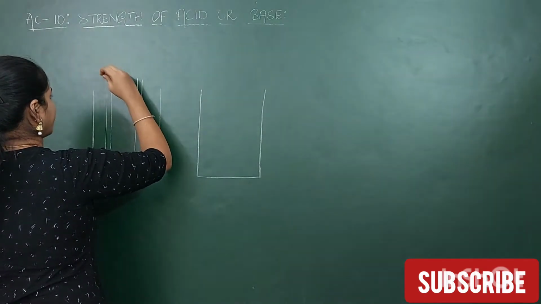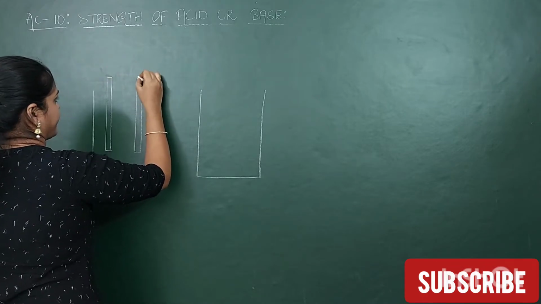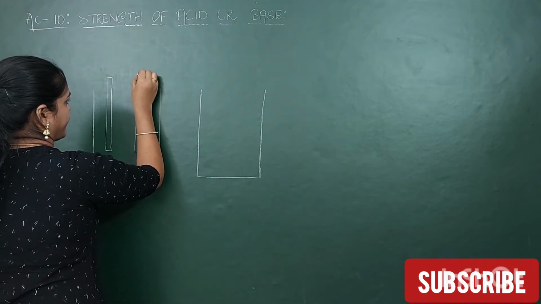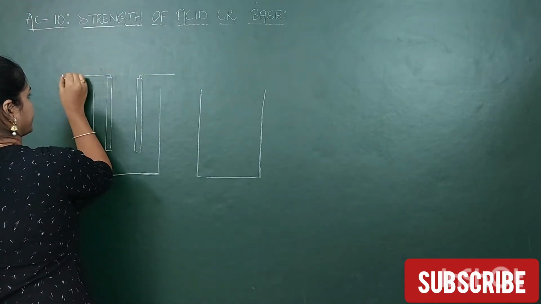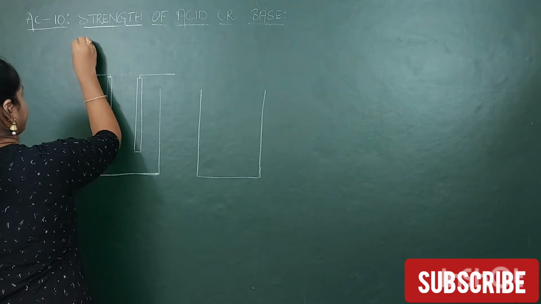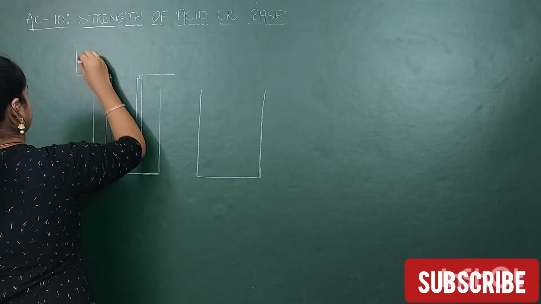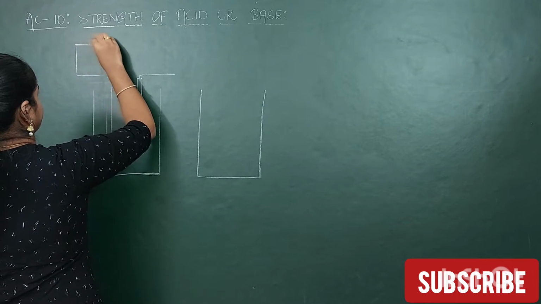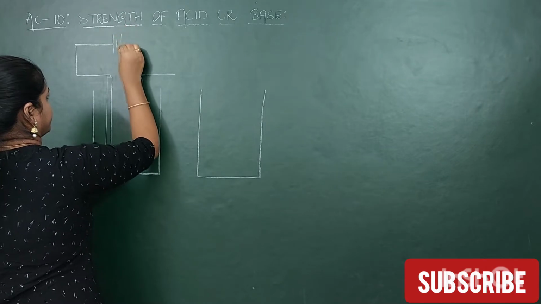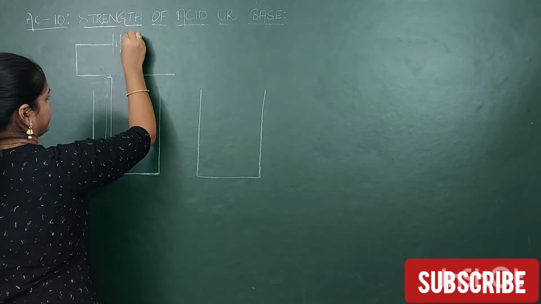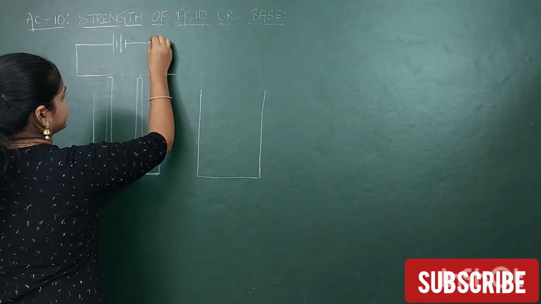These two graphite rods should be connected to a battery, and to one end of the battery you have to connect a bulb.